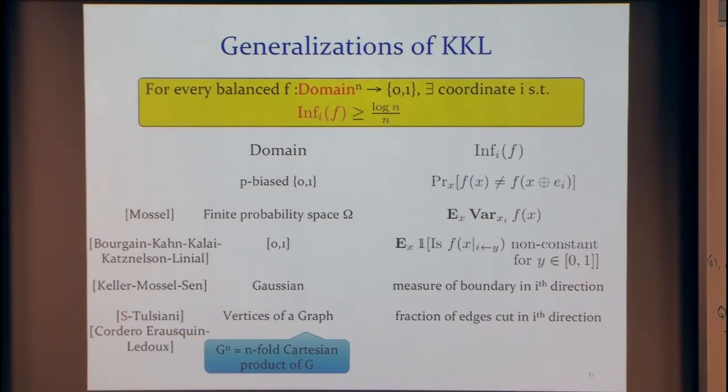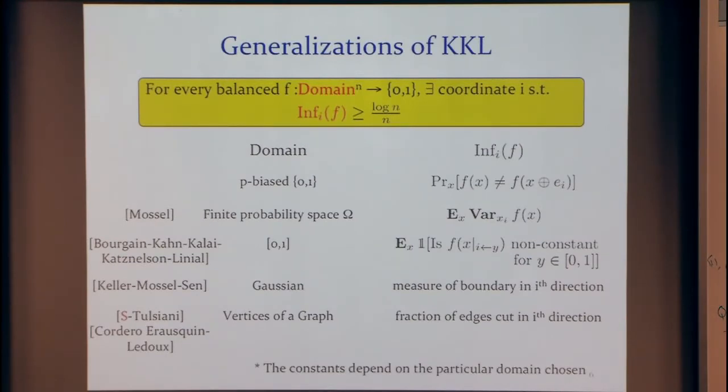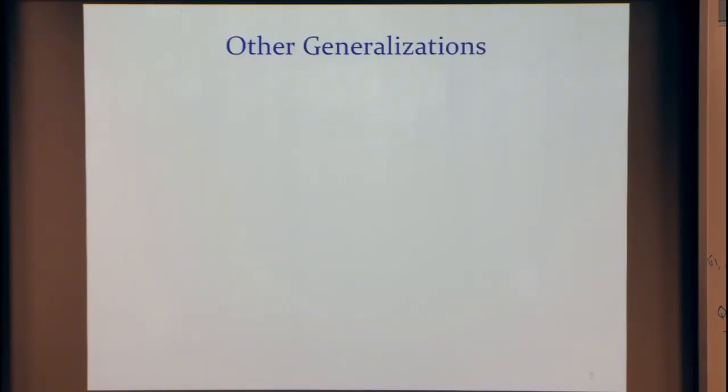And the notion of influence will be the fraction of edges cut in the ith direction. I've hidden all constants that depend on the domain, just to keep things clean.